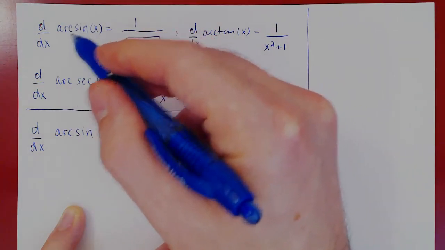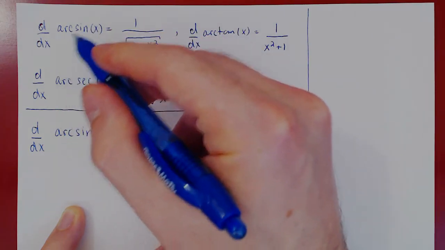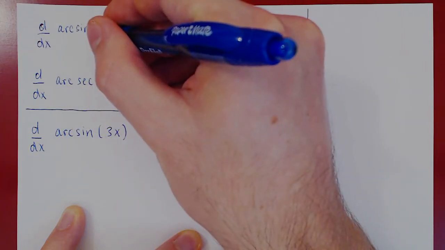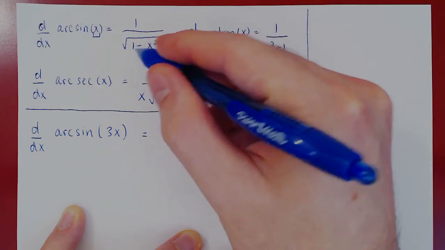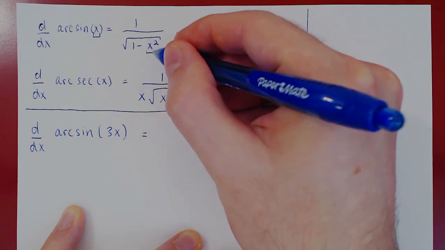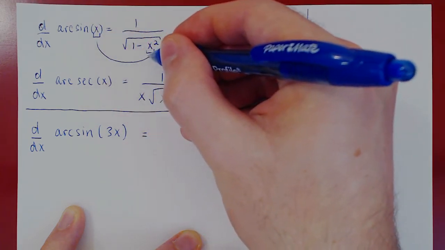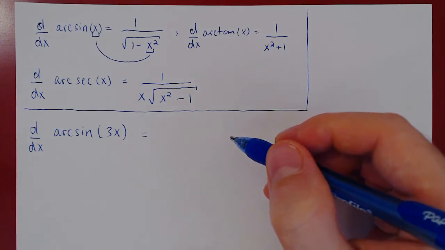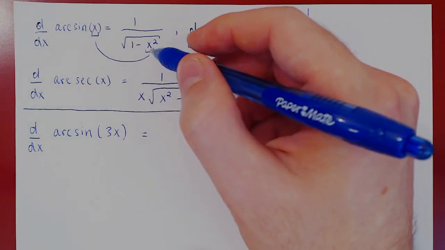If you look at the formula for the derivative of arcsine of x, it says the derivative of arcsine of a variable is 1 over the root of 1 minus the variable squared. So here x is the argument, but again x is a variable, so whatever x here is, you have to plug it in here, right?